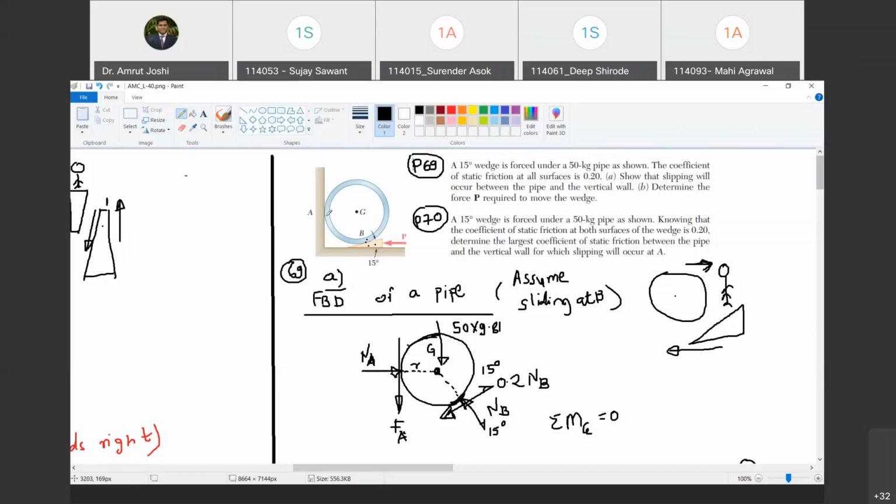Therefore I cannot consider slippage at B to have occurred. When there is a tendency of slippage at A, that P I have to report as the smallest value of P required to move the wedge. So how are we going to tackle this?